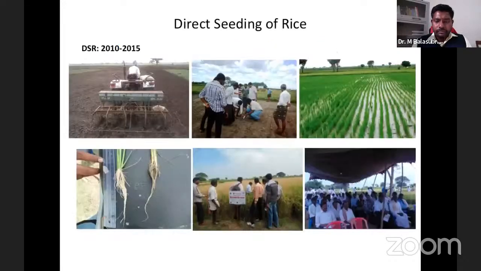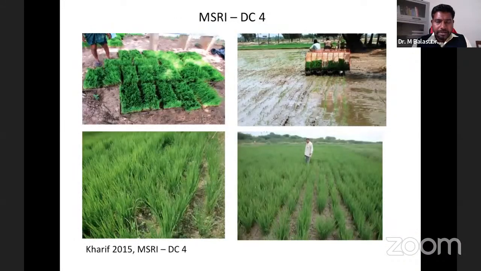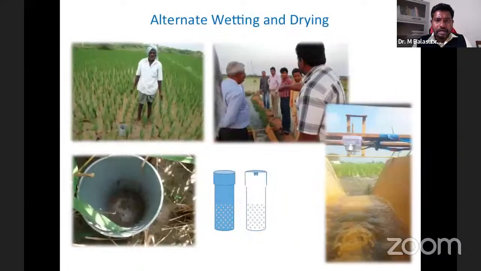A few pictures we have taken in the field. The DSR method, which is direct sowing of rice, and MSRI, the mechanized transplantation in the system of rice intensification. Then the alternate wetting and drying method. This alternate wetting and drying method is to find when you have to irrigate the field.